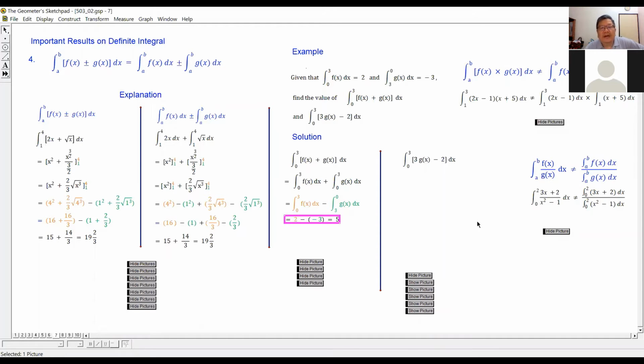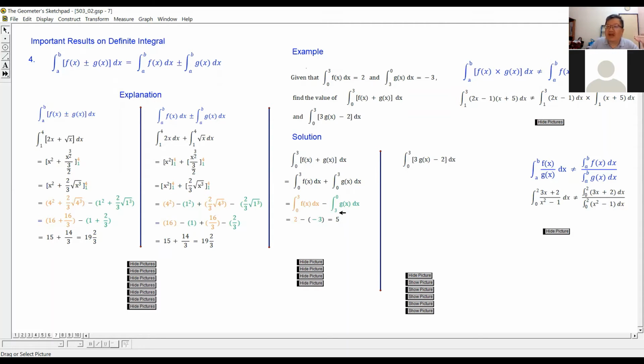Right. So next one, the orange color, the definite integral answer is 2. The green color, the definite integral, the answer is -3. Now the green color is -3, it doesn't include the negative sign that is due to the inversion of the upper and lower limit. That is another thing. They are two separate things.